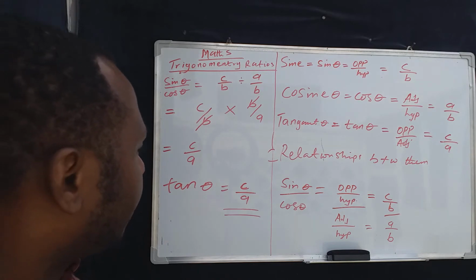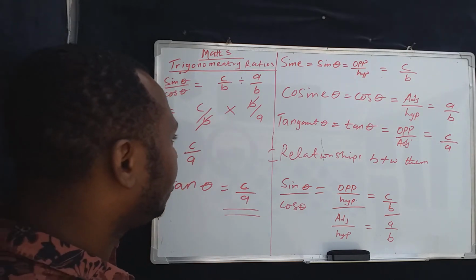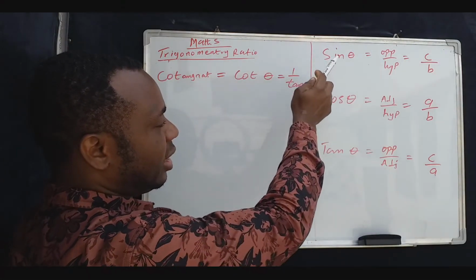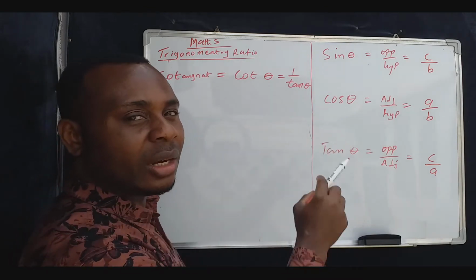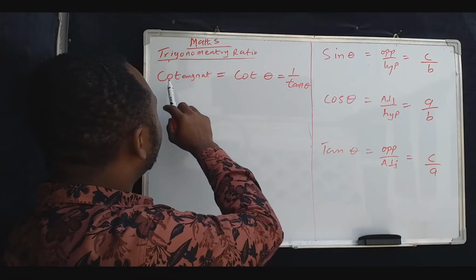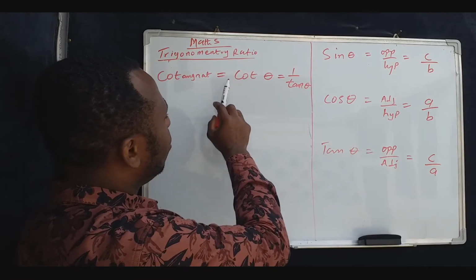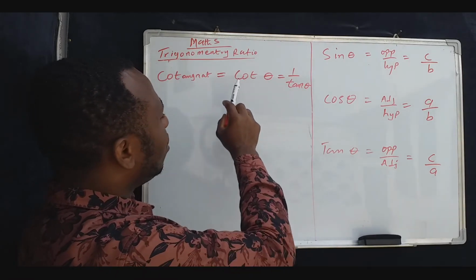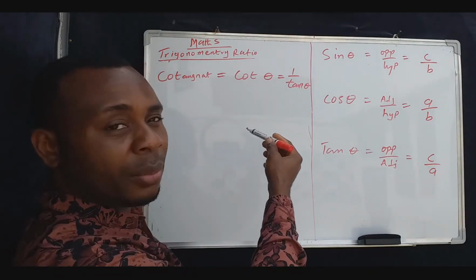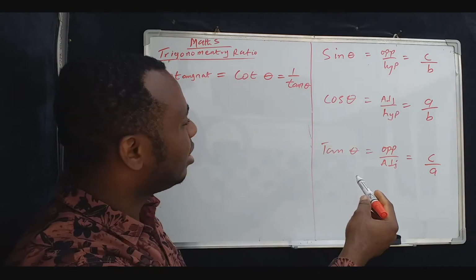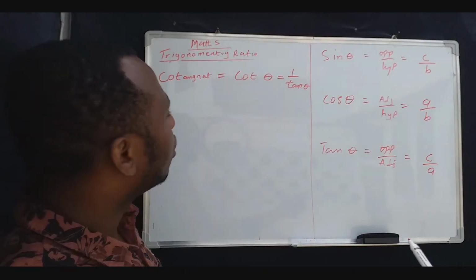So I'm going to wipe the board. We'll continue from here. Cos theta and sine theta. Without you knowing this, you may not understand how we get it. So that's why we have to prove the cotangent, which is equal to cot theta. And what is cot theta? 1 over tan theta. So let's explain more about this so that you'll be able to understand it when we go further. So what are we going to do now?